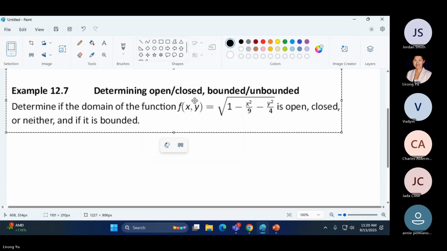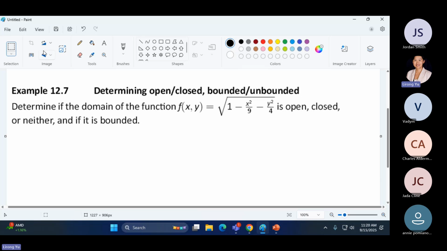So here is our function. To make it well defined, the number that we take the square root of has to be greater than or equal to 0, because taking the square root of a negative number makes it undefined. That's the domain.